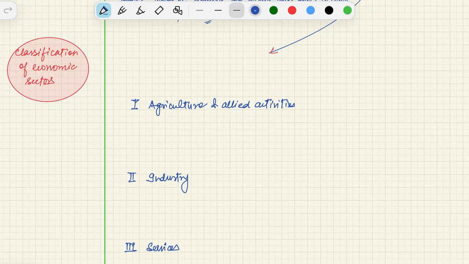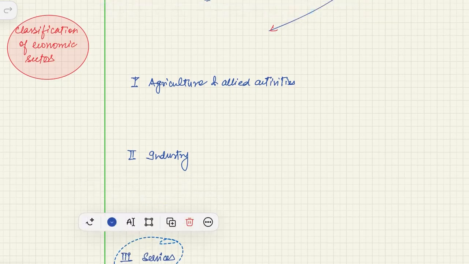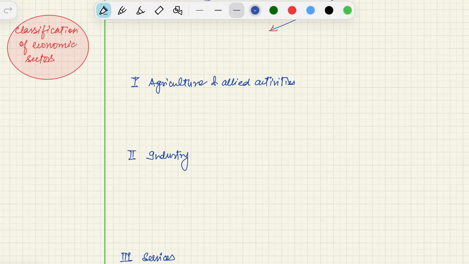Okay, second, industry. Within the industry there are several other sectors as well. There are subcategorizations of the sectors.